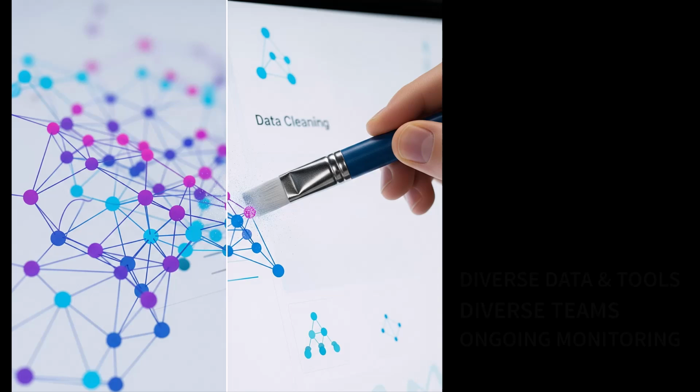When people from different backgrounds, genders, and ethnicities are involved, they bring different perspectives and are more likely to spot potential biases before they become a problem. It's about having many eyes on the problem, each seeing it from a slightly different angle.